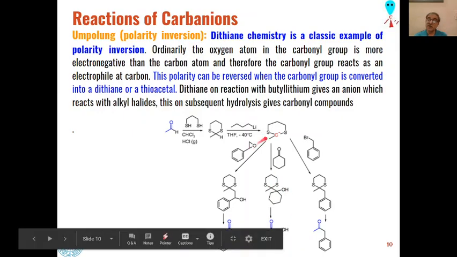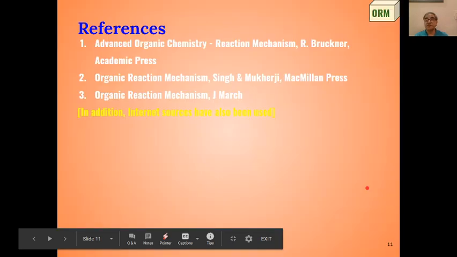Similarly, in epoxide, this will attack at this position, and we will get these types of intermediate, and then hydrolysis of this will create a ketone group over this place. So this is how polarity inversion reactions lead to the formation of different types of products through dithiane carbanions.